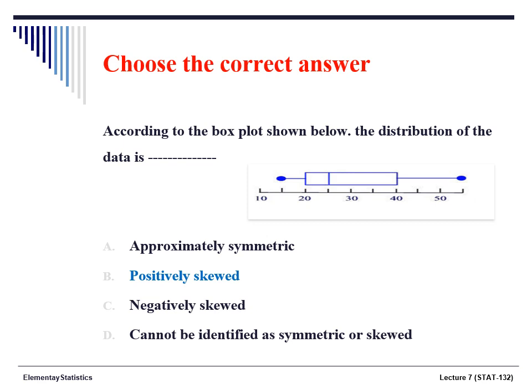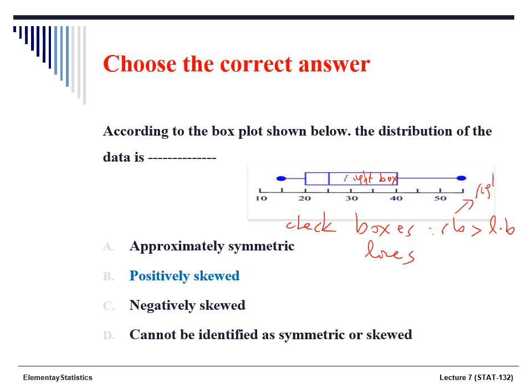Now, according to the box plot shown below, the distribution of the data is called what? Okay, now here, we check the length of the boxes and the length of the lines. Here, the right box is definitely bigger than the left box.